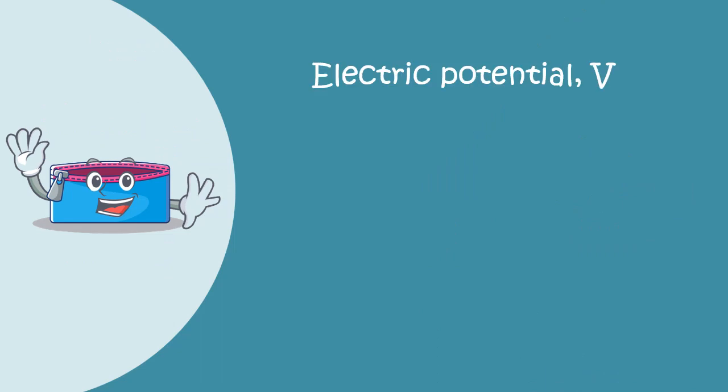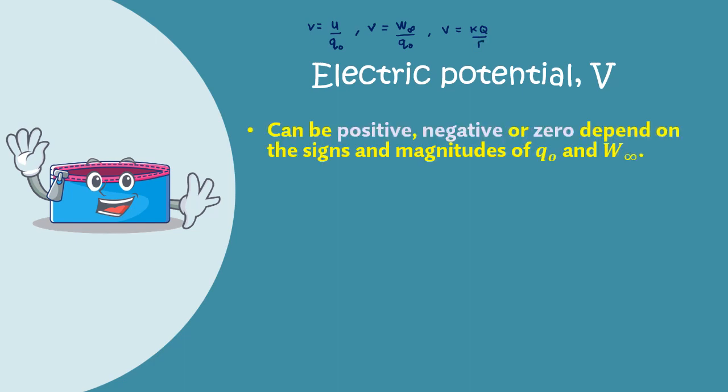From the equations of the electric potential you learned just now, which are V equal to U over Q naught, then V equal to W infinity over Q naught, and another one V equal to K capital Q over R, the electric potential can be positive, negative, or zero, depending on the sign and magnitudes of capital Q, Q naught and W infinity.